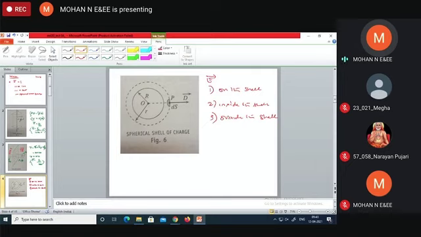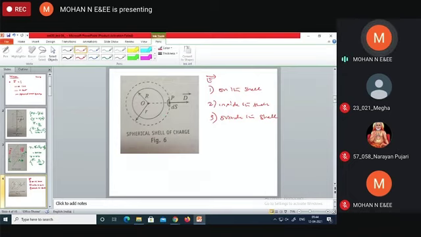The first case on the screen is outside the shell. The point P is outside the shell. This is the shell of radius R, and I'm taking a point P here. I'm considering a Gaussian surface, which is also a sphere around it, so you can call it a Gaussian sphere.